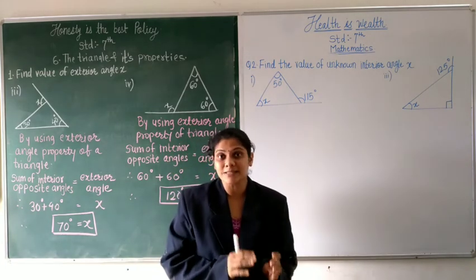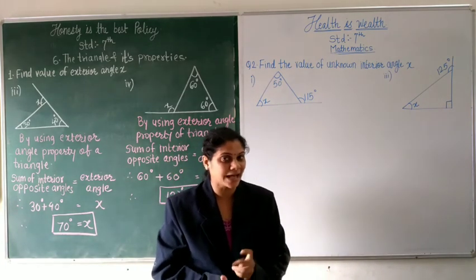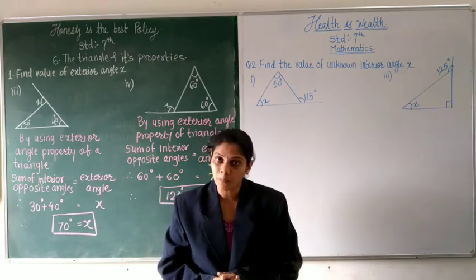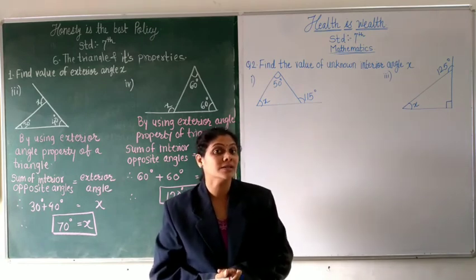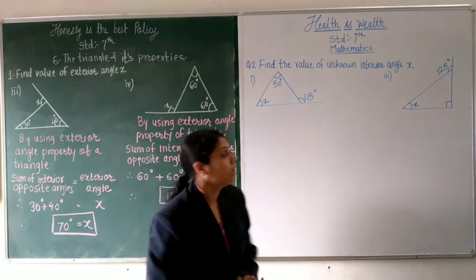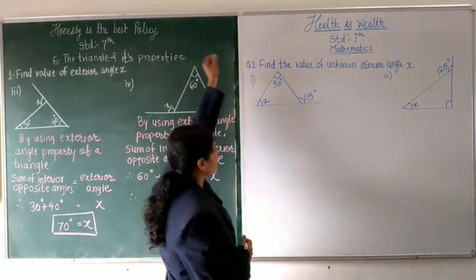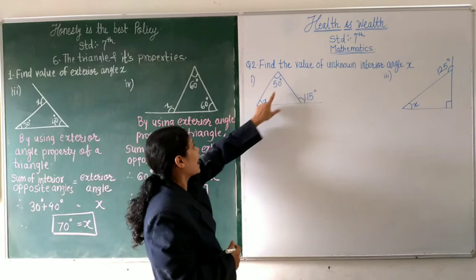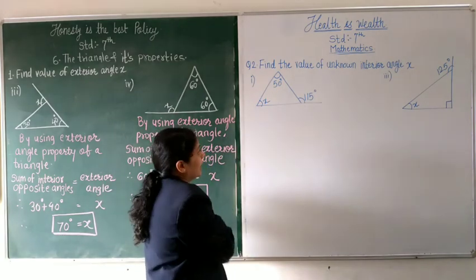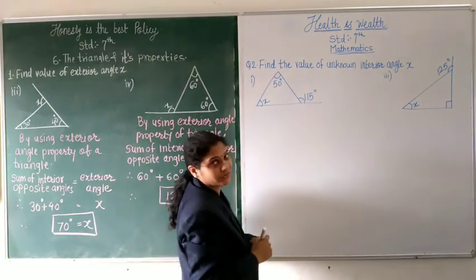That means in these sums, they give us the measurement of the exterior angle, and with the help of the property, we have to find one of the interior opposite angles. Look at here, the first question: the exterior angle is 115 degree, and the interior opposite angles are x and 50 degree.